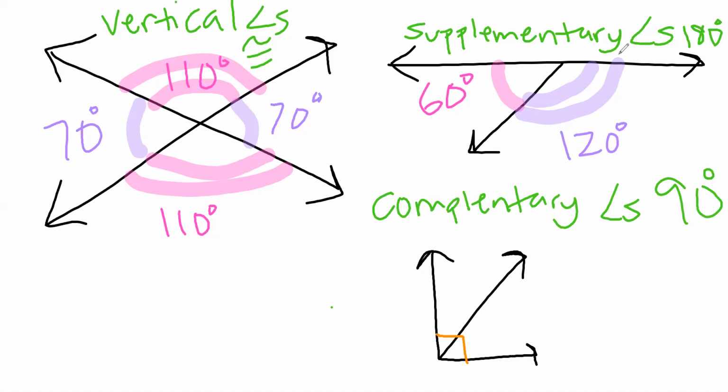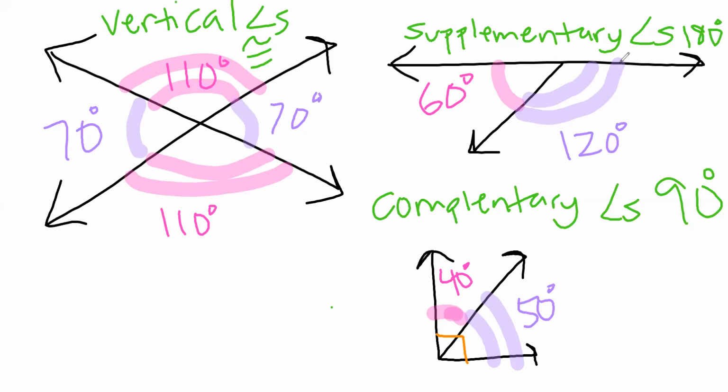So if we had one angle here, let's say this is 40. Our other angle right next to it would have to be the rest that adds up to 90, so that would be 50.